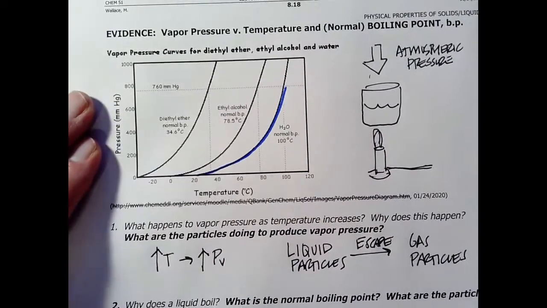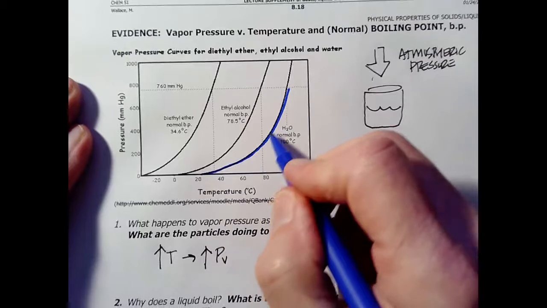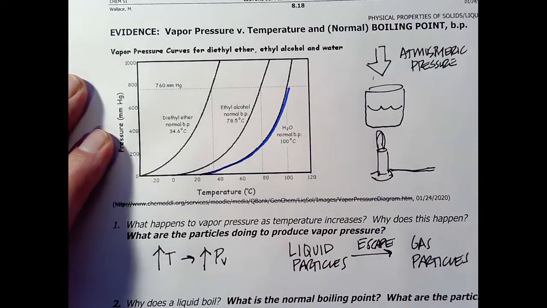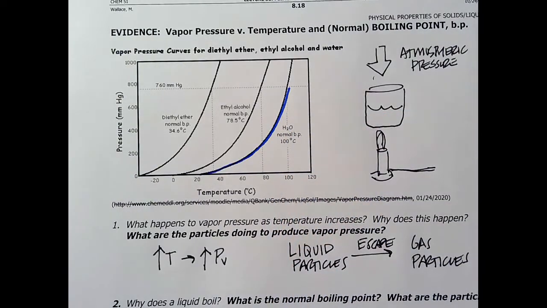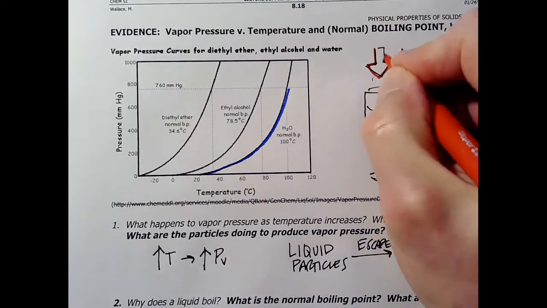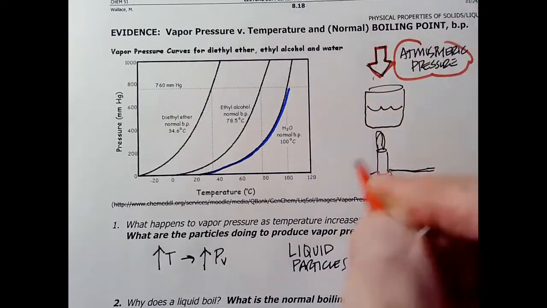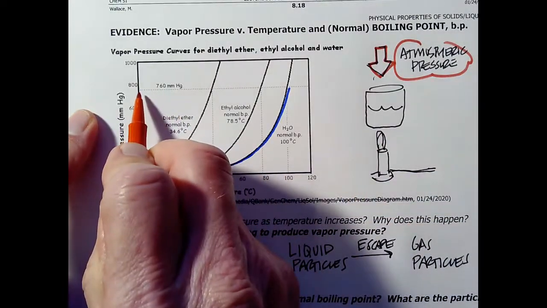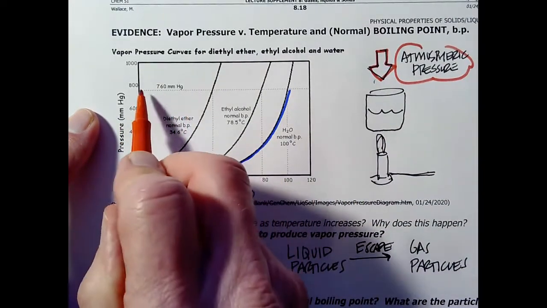Now, let's look at this again. If we go back up here and say, well, gosh, it goes up and goes up and goes up. And let's think about what that atmospheric pressure was. Let me get a red pen here. Let's do this in red. Well, here's atmospheric pressure. Right there.